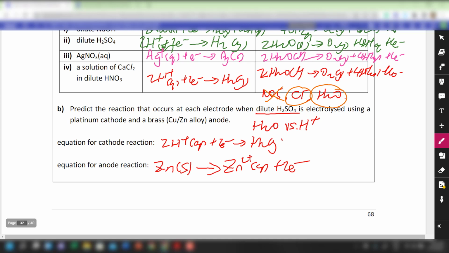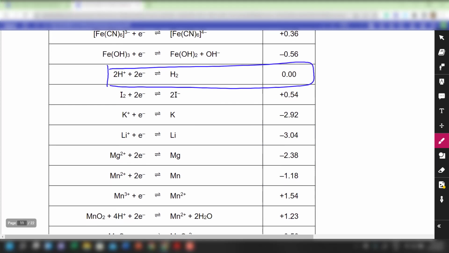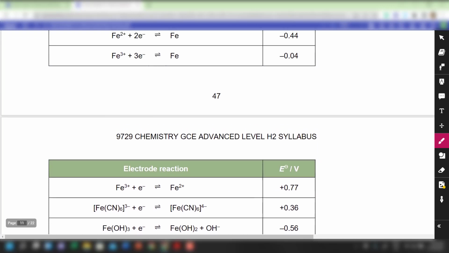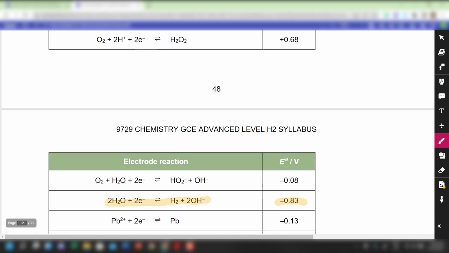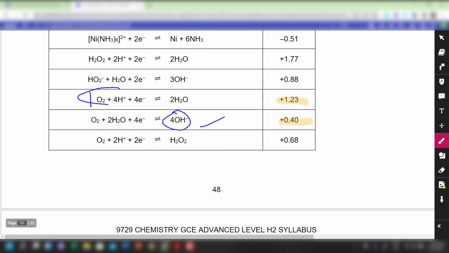Then some of you might be wondering, why am I only comparing between zinc and copper? Why can't we look at whether water can be oxidized? Well, we can do that. If you want to look at water being oxidized, you can look at the relevant half equations. Do you think zinc to zinc 2+ is less positive than oxygen to water?